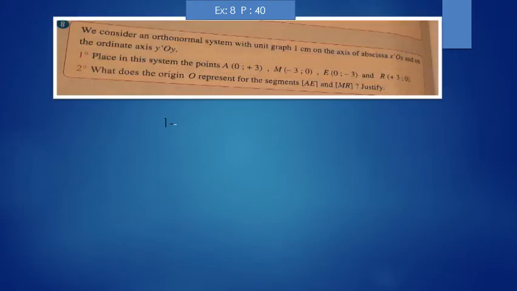Exercise 8, let's solve it together. We consider an orthonormal system. Keep in your mind, we talk about an orthonormal system when we have the same unit on the x-axis and the y-axis. Okay, here the unit is 1 centimeter on the abscissa and ordinate axis.